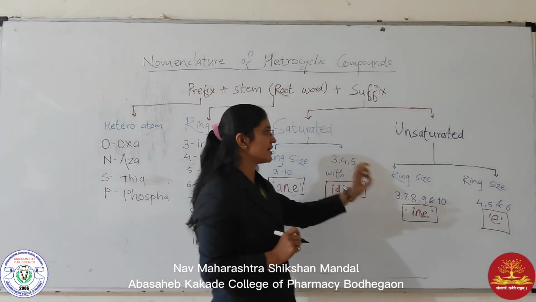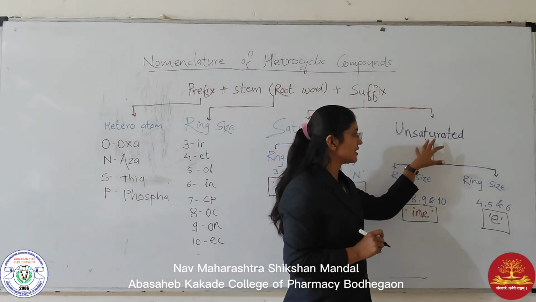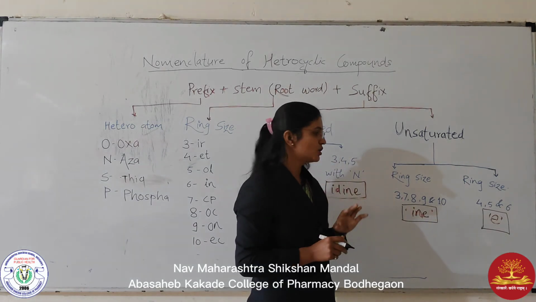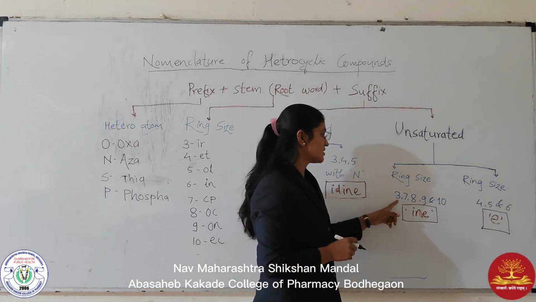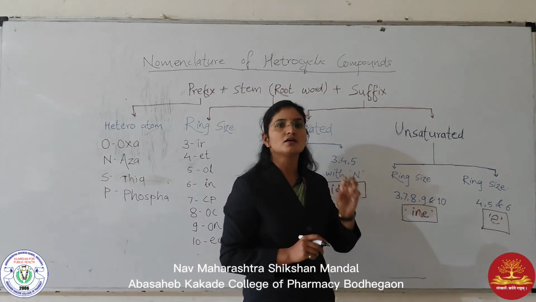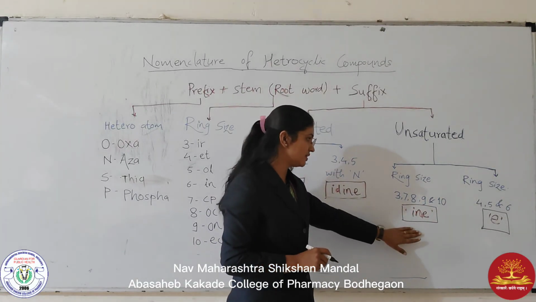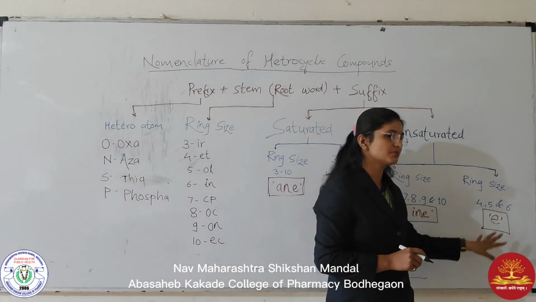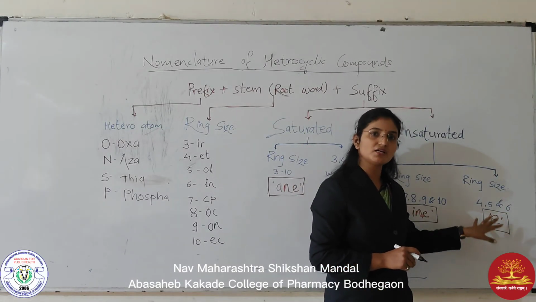Okay? And for an unsaturated heterocyclic ring, the suffix again depends on ring size. If your ring size is 3, 7, 8, 9 and 10 members, then the suffix will be ine. And if your ring size is 4, 5 or 6 members, then the suffix will be e.